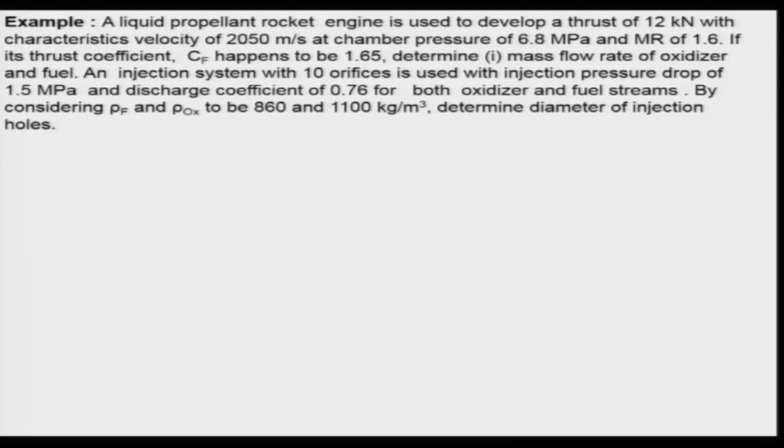Considering the density of fuel and oxidizer to be 860 and 1100 kg per meter cube, determine the diameter of injection holes.